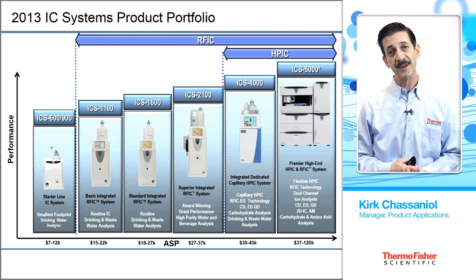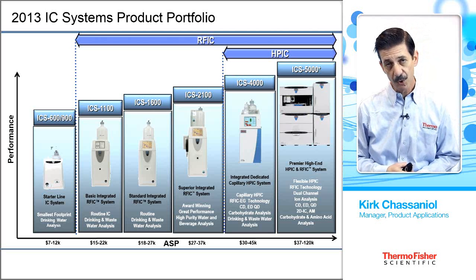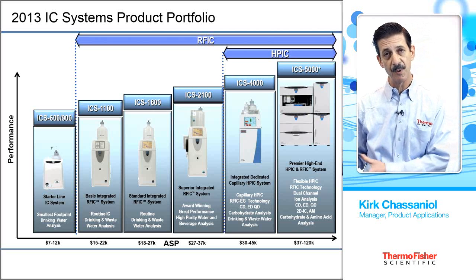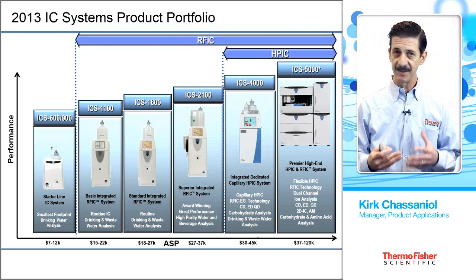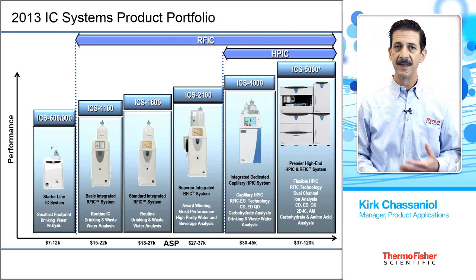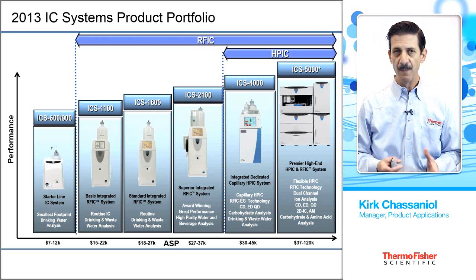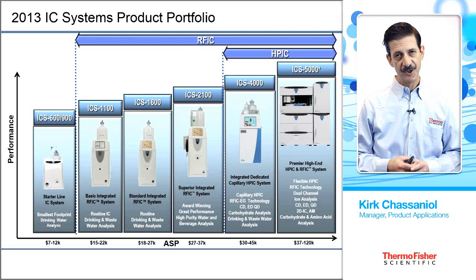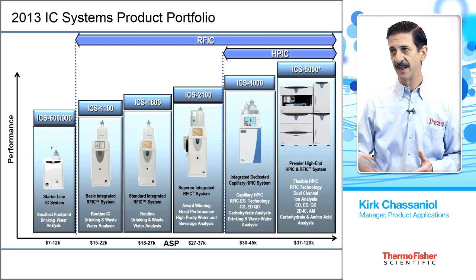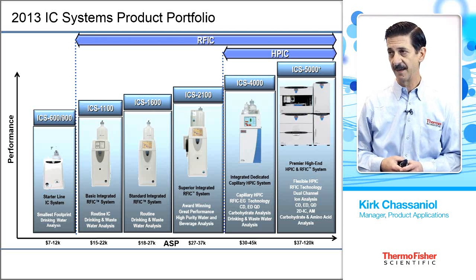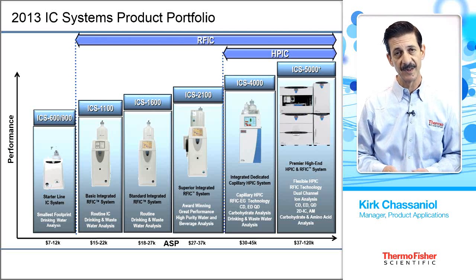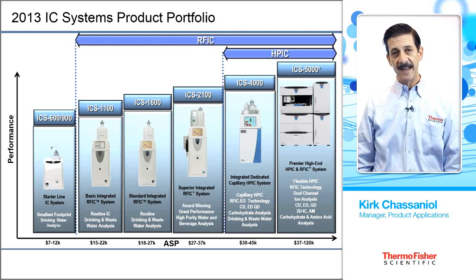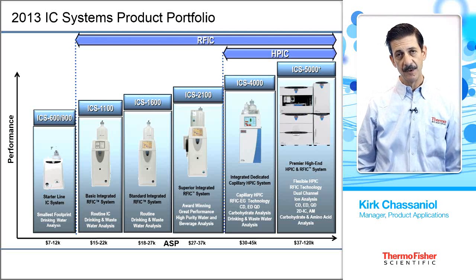We tend to position the ICS-2100 the most with the combustion sample preparation because it's a nice, user-friendly, just add water, low maintenance, gradient elution system. But as I said, we can interface it not only with standard flows, but also with capillary flows across the whole product line. And now I'd like to hand it over to Mark Manahan of COSA Zentar for the conclusion about the technique of combustion IC.